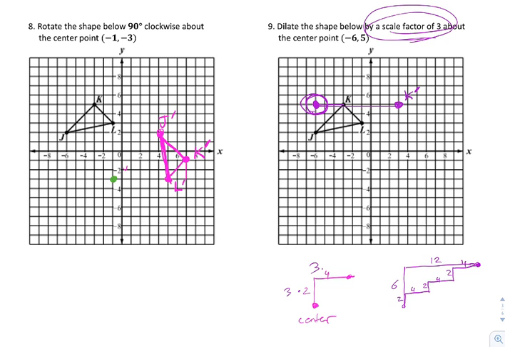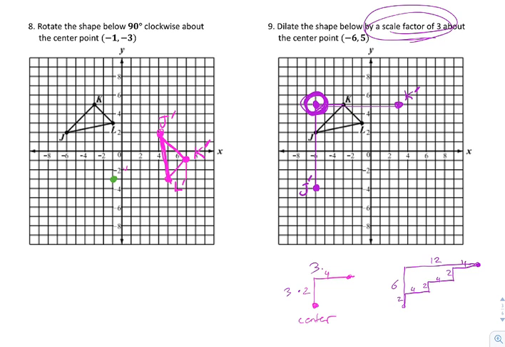Okay, now what I want to do is go, okay, well, how did I get to L? Or J, let's do that, that's easier. I went down 3. Well, again, starting at my center, now I want to go 1, 2, 3, 4, 5, 6, 7, 8, 9. So 3 times as far. And my new J prime is down here.